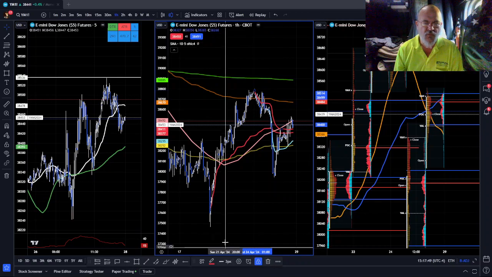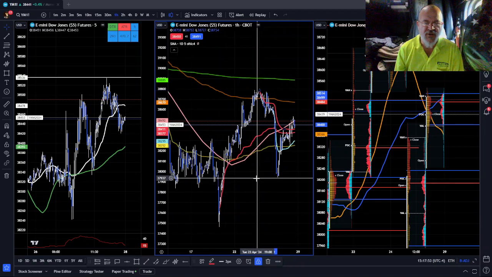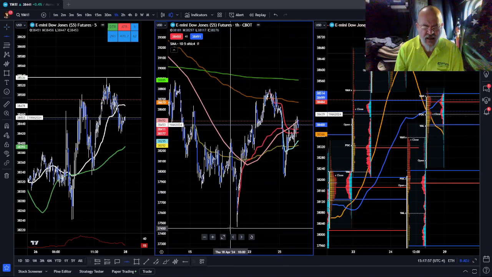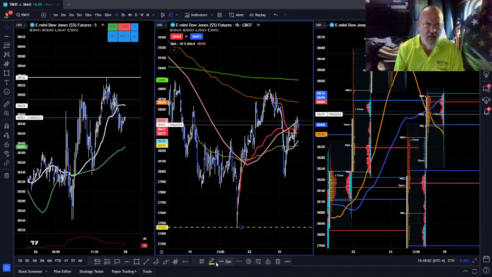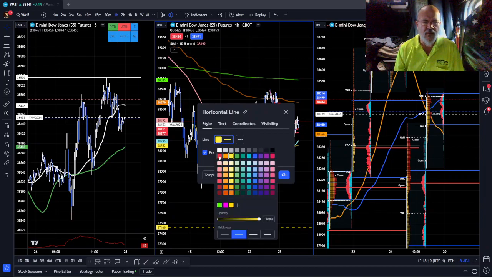Since I'm not going to always go back that far to see where swing structure is, I'm going to put a horizontal line at the bottom, and I'm going to go into settings, and I'm going to mark this red for the low.